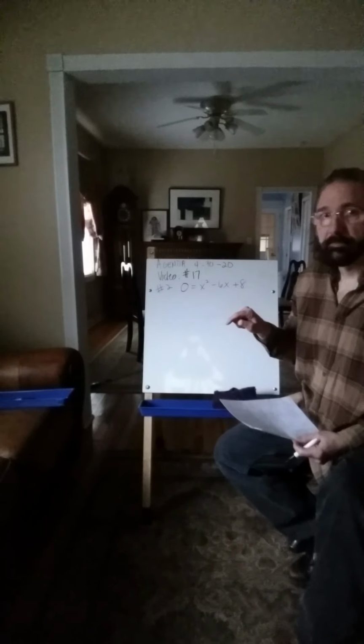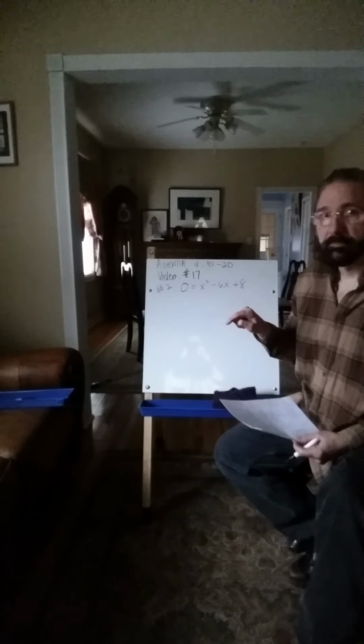The first thing I look at is that the lead coefficient is positive, so I know I'm going to have a smiley face, a parabola with a minimum, because it's a quadratic equation. I know it's going to cross the y-axis at 0, 8.